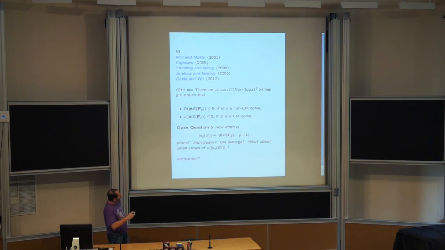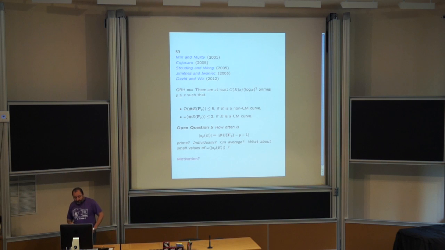And yesterday I learned, to my surprise, that even what you get for the constant is very close to what it should be. So the constant is actually very close to the expected values, which is very nice. And here's the summary of what we know. We know that for non-CM curves, we can push the number of prime divisors counted with multiplicities up to 8. And for CM curves, it's at most 2.